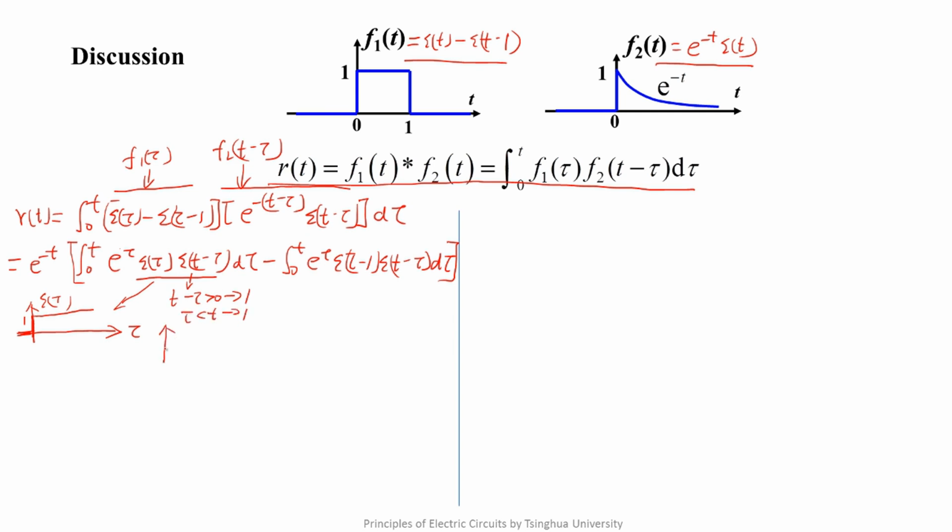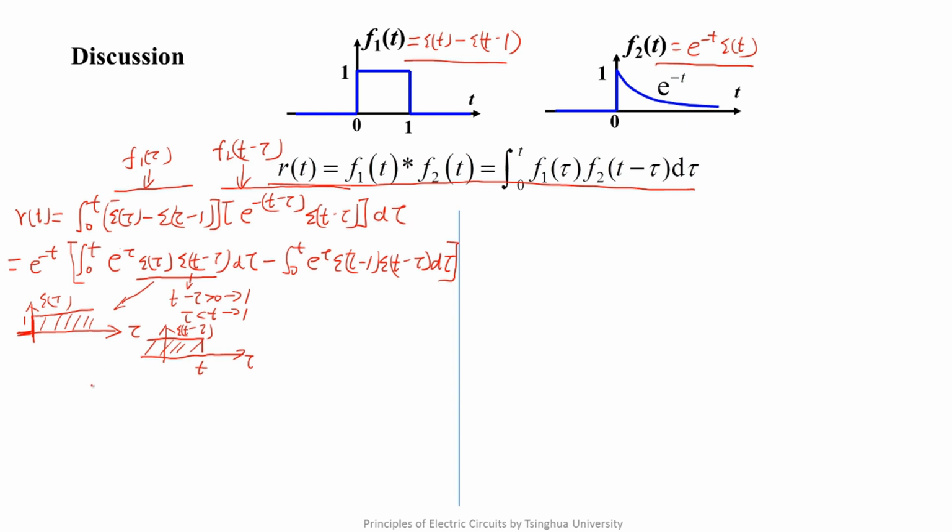So the graph is like this. The multiplication means only when the two functions' values are both 1, the integral has a meaning. By observation, we find the first definition domain is this, and the second definition domain is this.